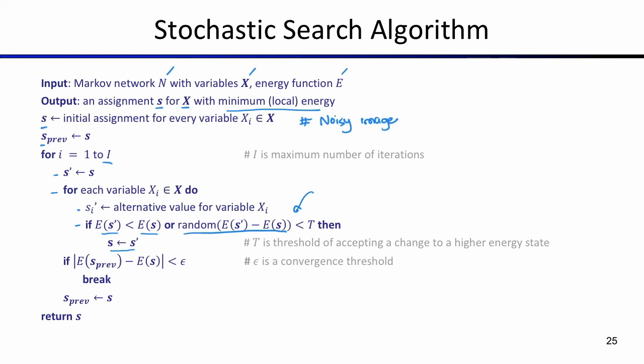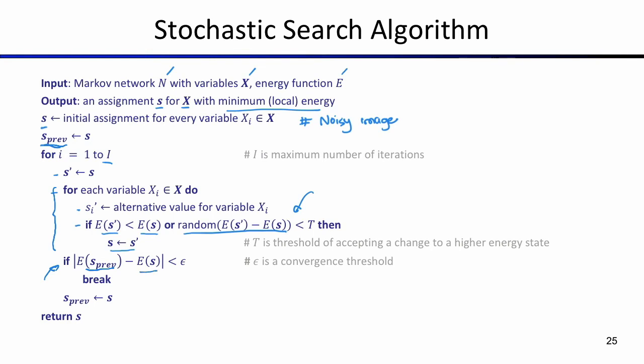And remember that this for loop here is iterating over all variables that we have in the Markov network. In other words, it's iterating over all pixels. So when we finish with that, we have finished with the image. And this is the point that we test the stop criteria for the algorithm. We see what we had before changing the image, compute the energy, and check the difference to the new image.